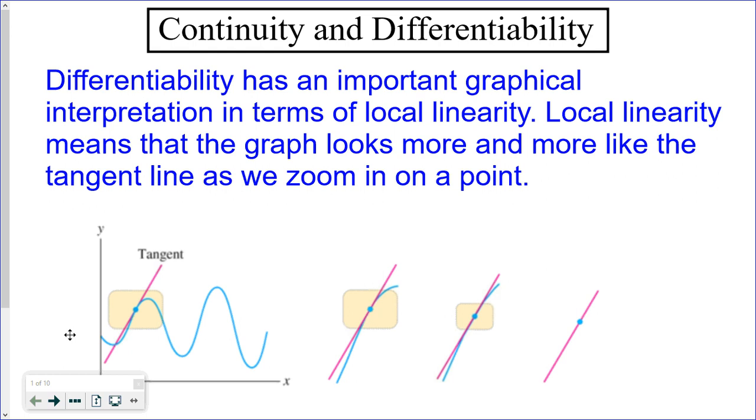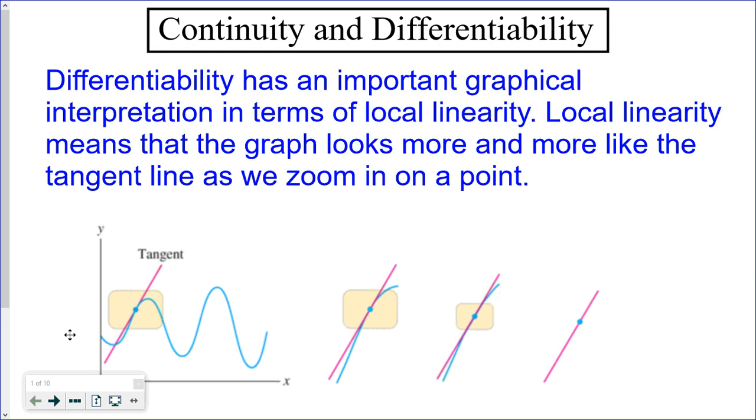Now, remember that the derivative is the slope of the tangent line. So differentiability has an important graphical interpretation that we call local linearity.